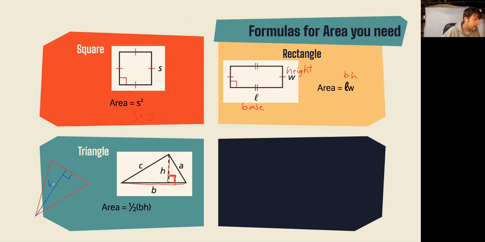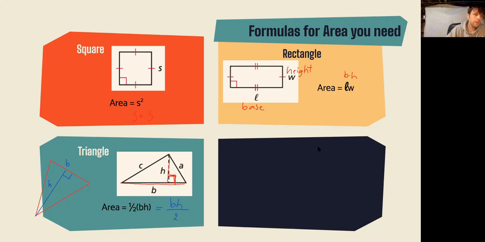So this could be my height. That means that this side over here has to be the base. This has to be the base that I'm using when I'm finding the area of this particular triangle. Another way you might have seen this formula is base times height divided by 2. They're the same thing. Dividing by 2 or multiplying by 1/2, those are the same mathematically speaking.